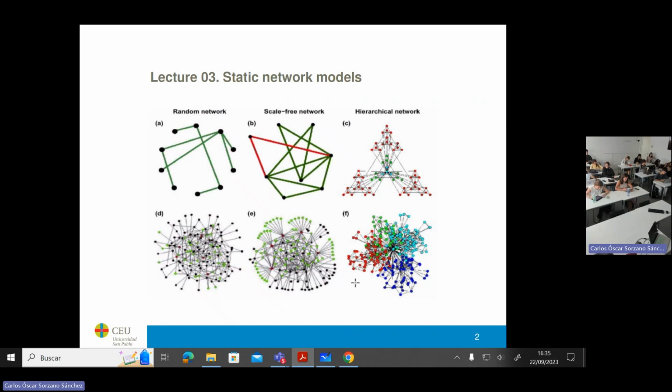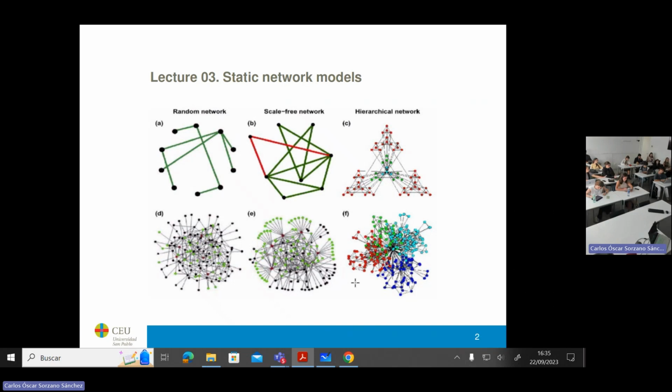Or they can be something that is called scale-free, which we will see in more detail. There are some local neighborhoods, and then some node in the neighborhood is related to some other node that is very distant.